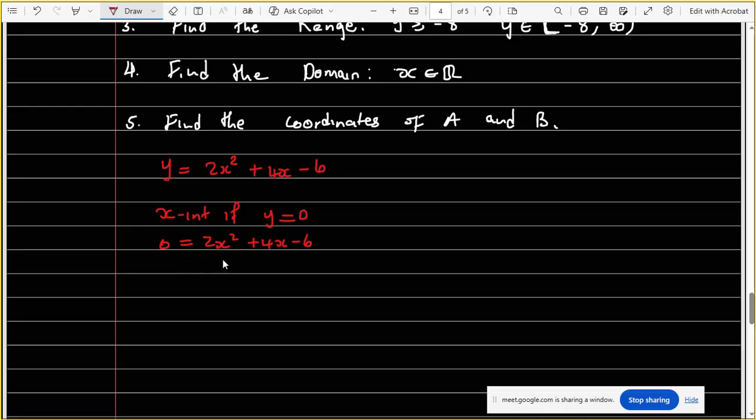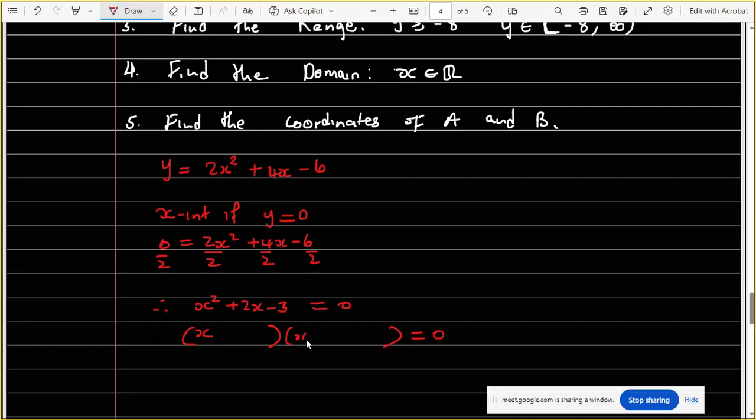Okay, so to solve for x, I need to work with a simpler equation. Let me divide everything by 2 because I prefer the coefficient of x squared being 1. So this gives me x squared plus 2x minus 3 equals 0. Then I can factorize this.